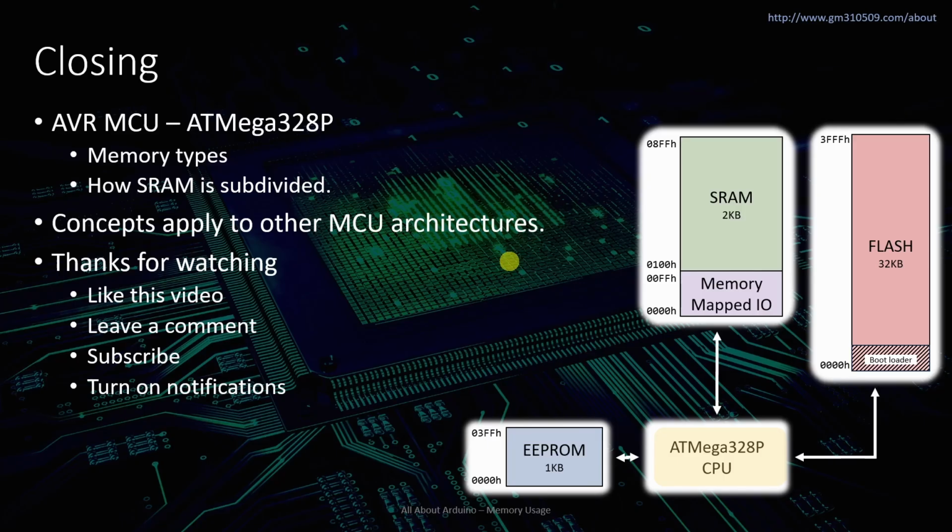It's just that sometimes other CPUs have much bigger addresses or much more available memory, so the risk is a bit less. In terms of collision being the main issue, but the general concepts would apply anyway. So, yep, I'll leave it there.